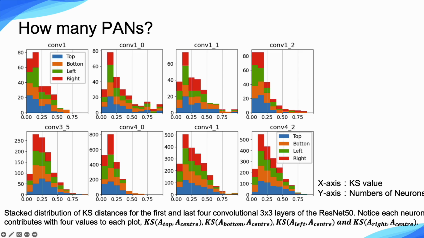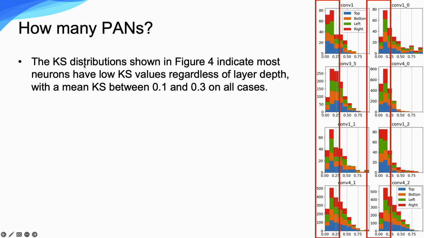So here shows the stack distribution of KS distance for the first and last 4 convolution layers of ResNet 50. Notice each neuron contributes 4 values to each plot: top with center, bottom with center, left with center, and right with center. The KS distribution shown in figure 4 indicates most neurons have low KS value regardless of their depth, with a mean KS between 0.1 and 0.3 in all cases.